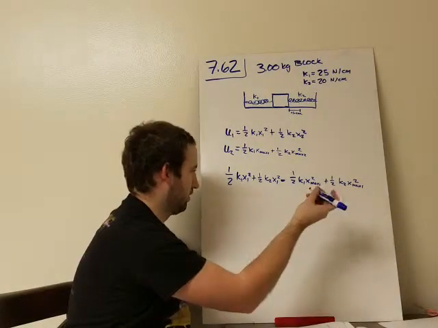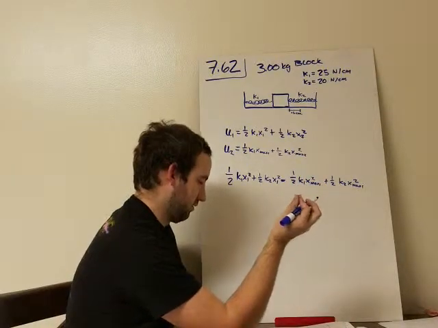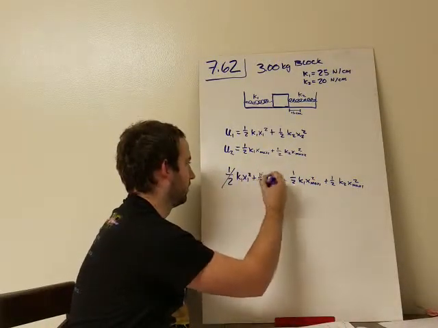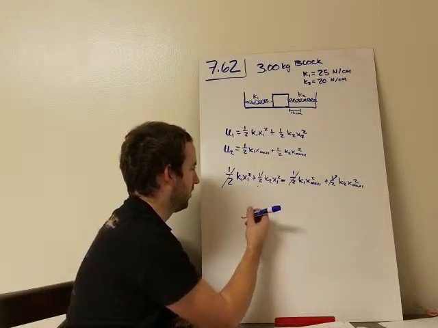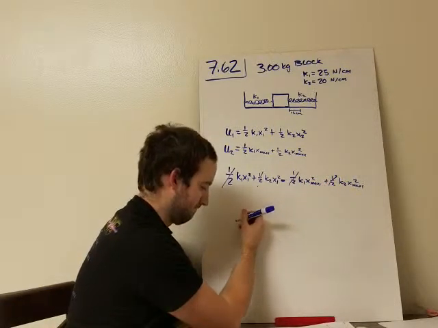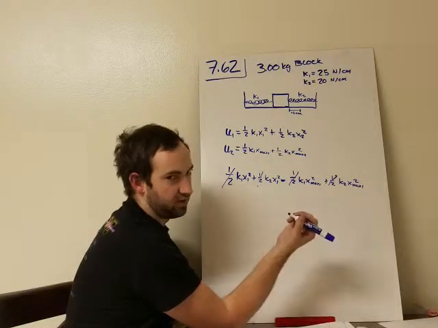So we can get rid of all the 1/2 because they're everywhere. So we can cancel those out. And then we can also group some things together, factor it.